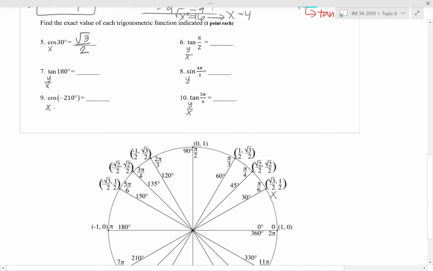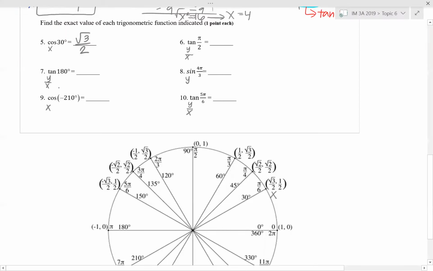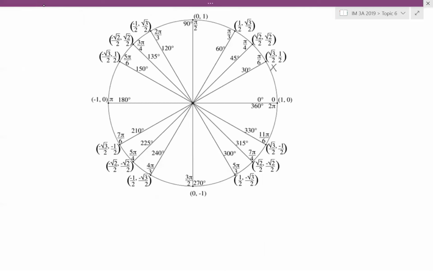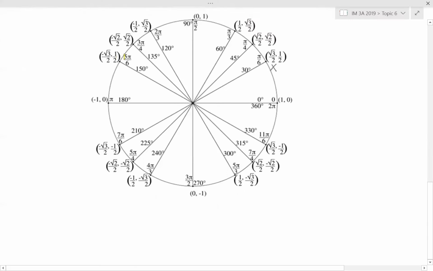Let's look at cosine of -210. So this one's a little more complicated just because 210 is negative. So what you want to do is add 360 so that you can find its positive coterminal. So adding 360 to -210 is 150 degrees. So that means that this point here corresponds to -210 degrees.